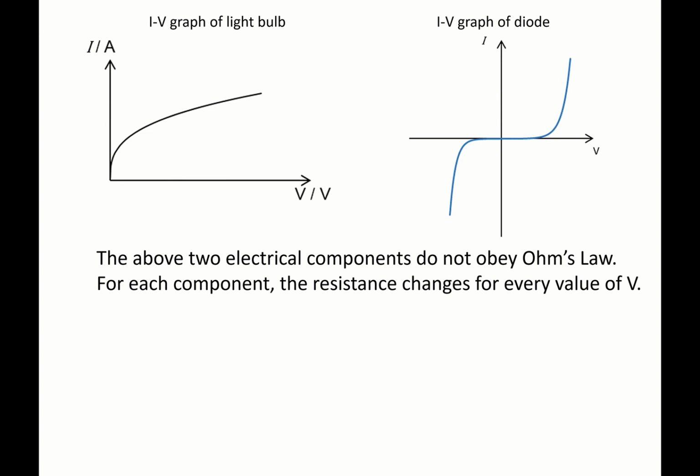Let's take the light bulb for example. What we are trying to illustrate here is, let's say I take this value, this is A, this is B. And I take this value, this is C, this is D. Now, the resistance of a light bulb, I call it R1, which equals A over B. And the second resistance is C over D, depending on the potential difference that you put across the light bulb.